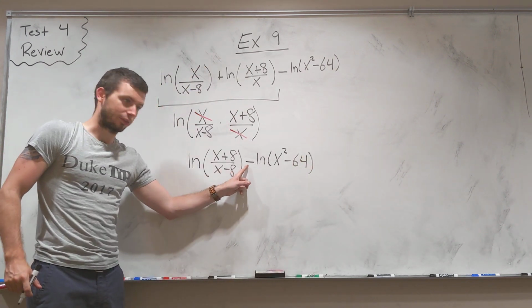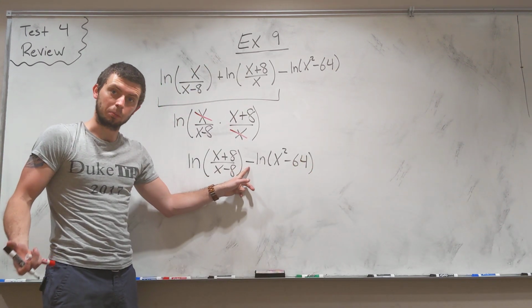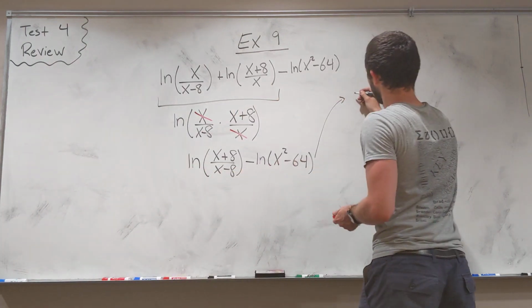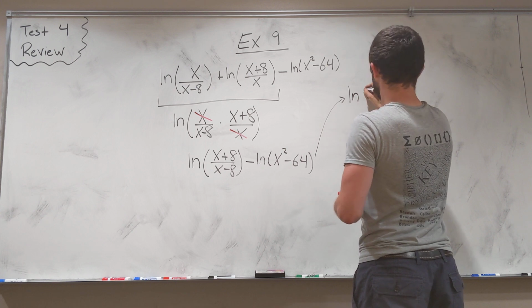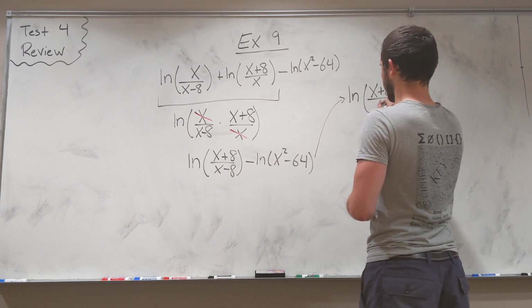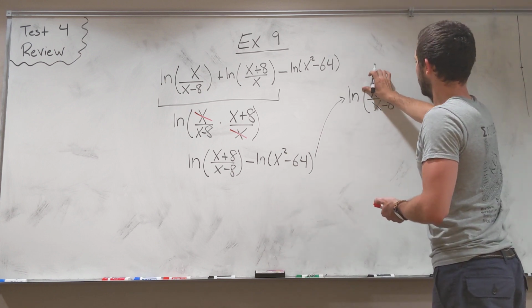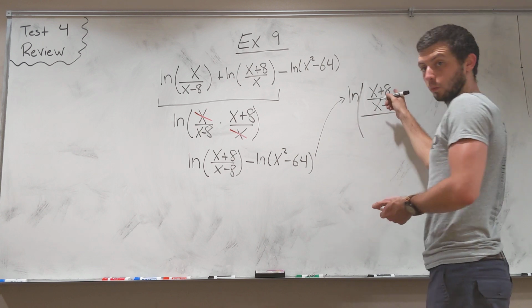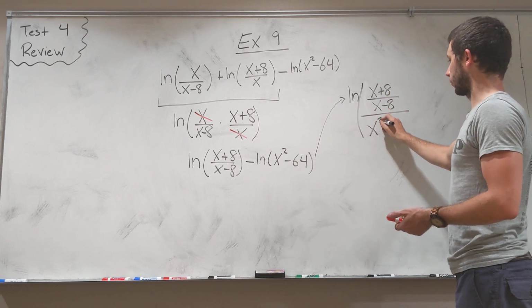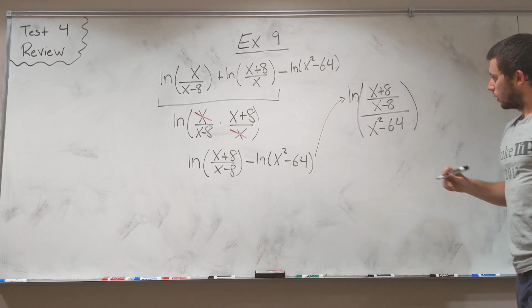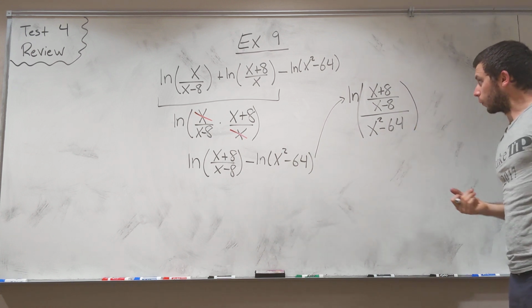Now what the subtraction tells us is, well, we apply the quotient. So what that ends up looking like, it's x plus 8 divided by x minus 8. And really what this says is this whole thing will be divided by x squared minus 64. Now this is not very practical.